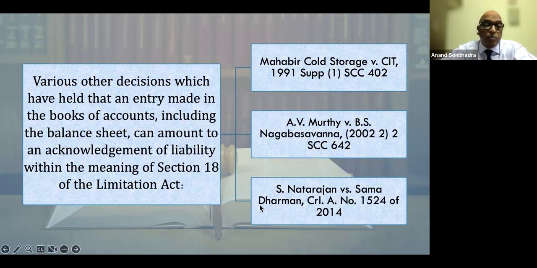These are a couple of cases I've listed where it is clearly pronounced that an entry made in the books of account, including the balance sheet, can amount to an acknowledgement of liability within the meaning of Section 18 of the Limitation Act.